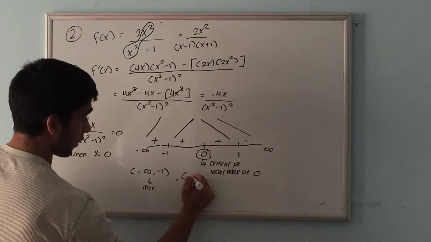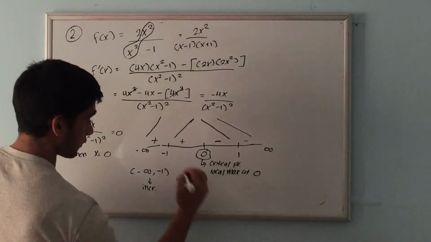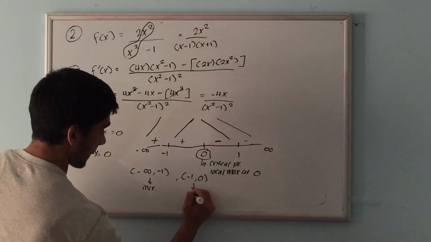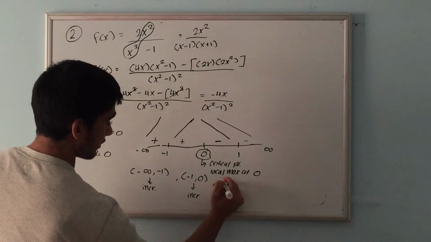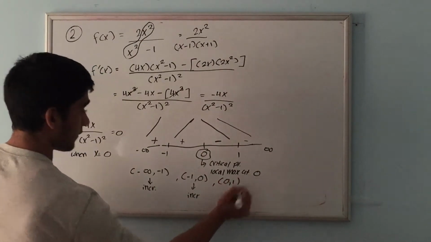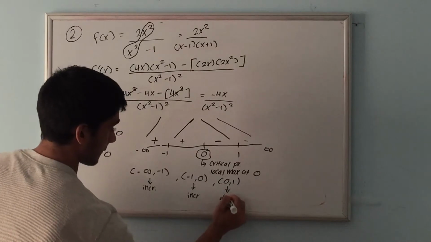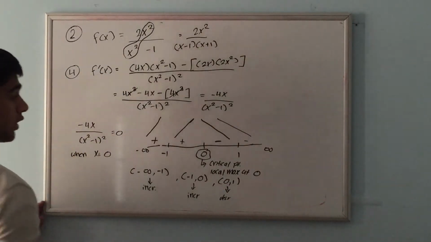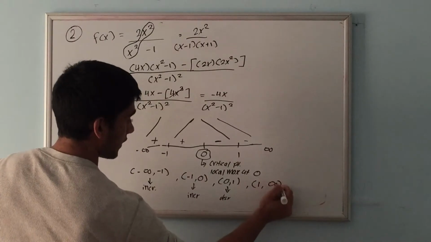From negative 1 to 0, it is also increasing, since you also got a positive number. From 0 to 1, it is decreasing, since you got a negative number. And from 1 to positive infinity, it is also decreasing.